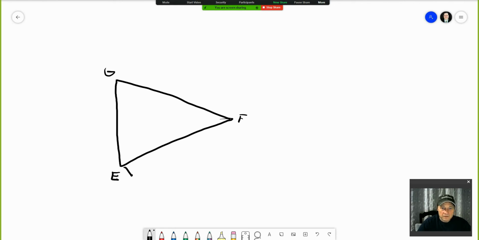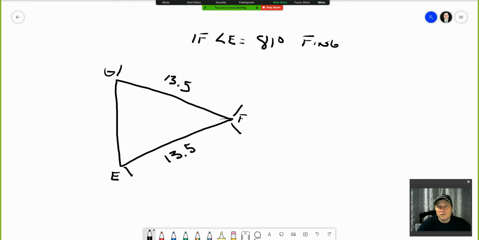And the length of this side is 13.5 units long, and the length of this side is 13.5 units long. If angle E equals 81 degrees, find angle G.